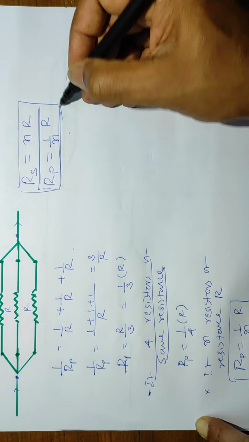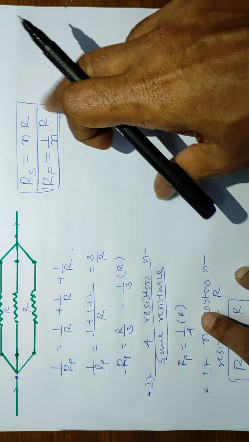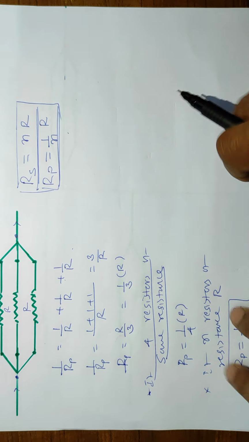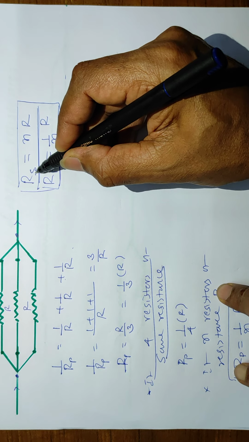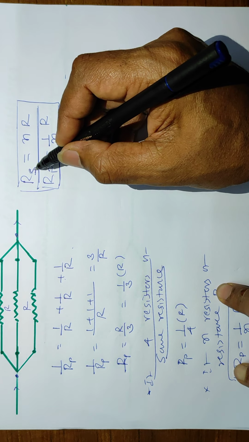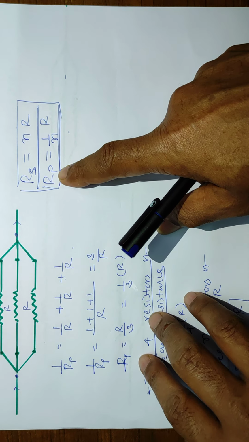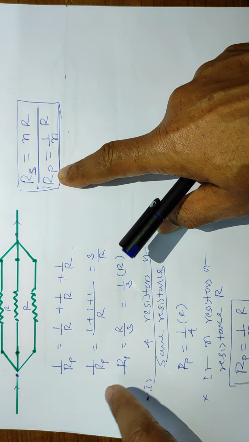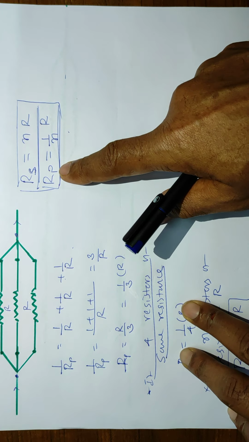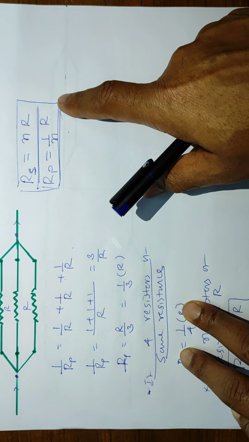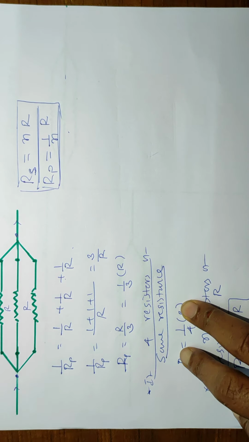For easy calculation, you can use these two formulae. Okay. So, the equivalent resistance of the system of resistors in series is nR, and for the system of resistors in parallel, that is 1 by n into R.